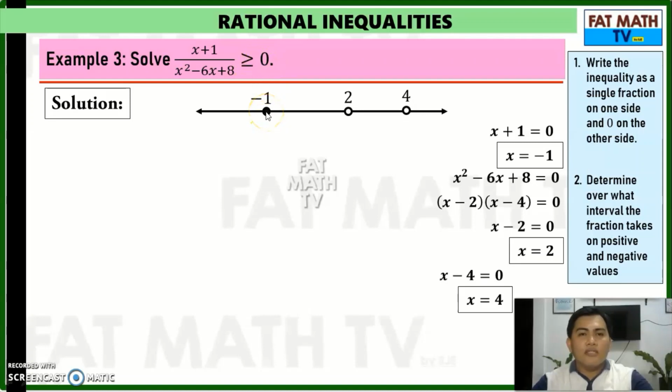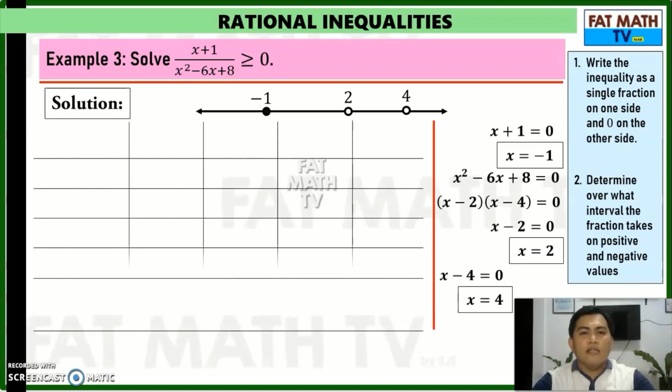So this is part of the solution. 2 and 4 are hollow circles here because they're not part of the solution since these two values will make the fraction or the rational expression here undefined. So they're not part.